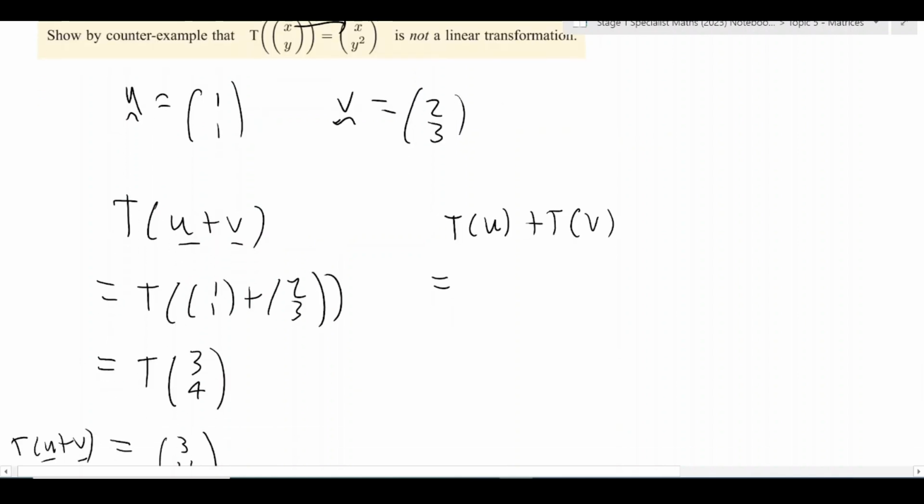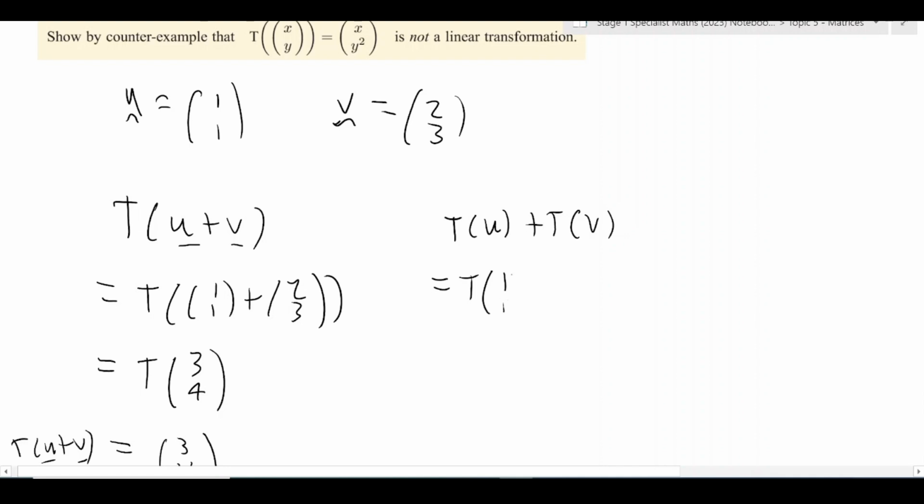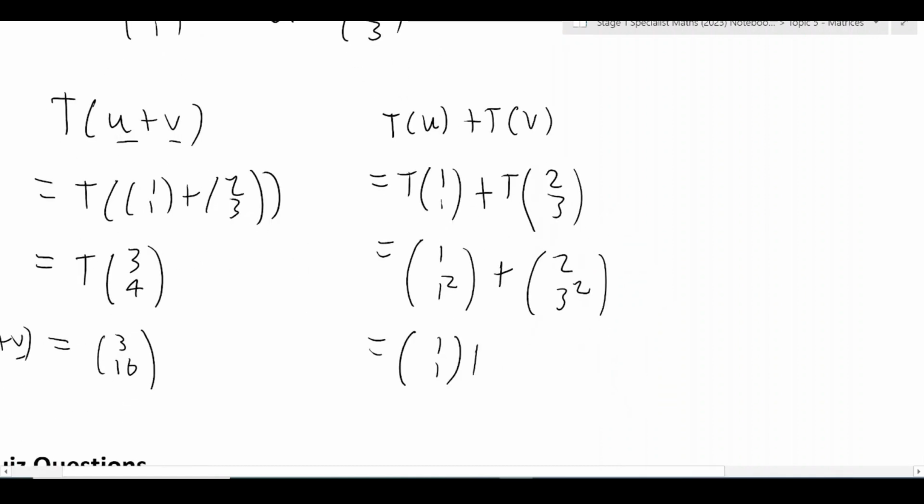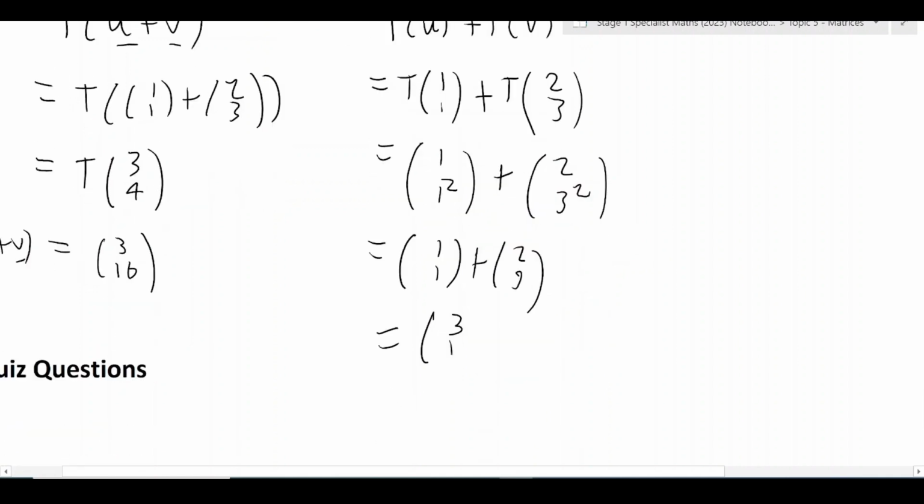That's going to be T of 1, 1 plus T of 2, 3. So that's going to be, let's see, what does T do? It leaves 1 and it puts the squared on the bottom, and 2 and it puts 3 squared on the bottom. So that's going to be 1, 1 plus 2, 9, which if we put that into a single vector, is 3, 10.